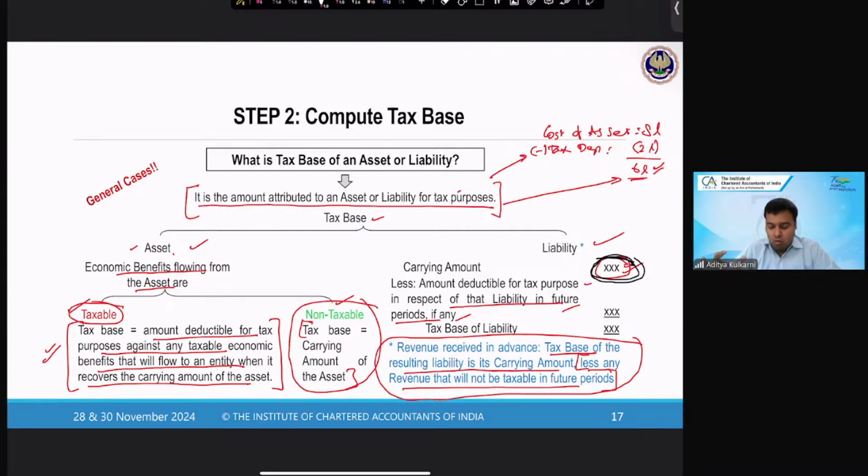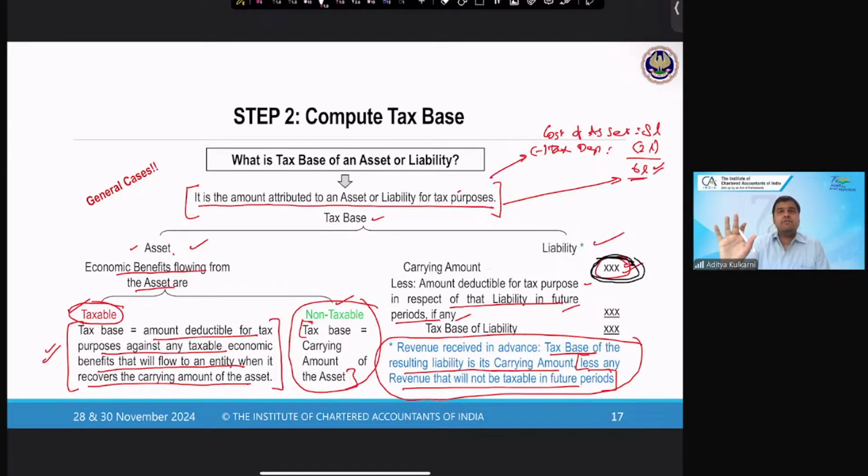What is tax base of an asset or a liability? It is the amount attributed to an asset or liability for tax purposes. Very simple. What does it mean?